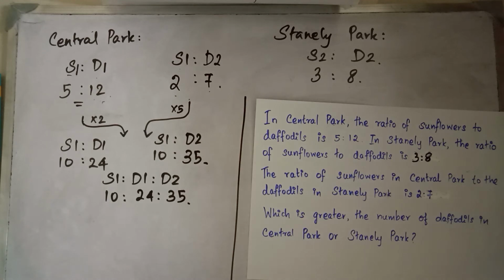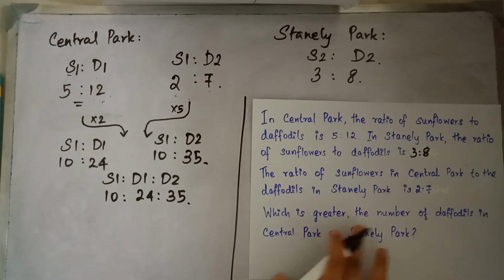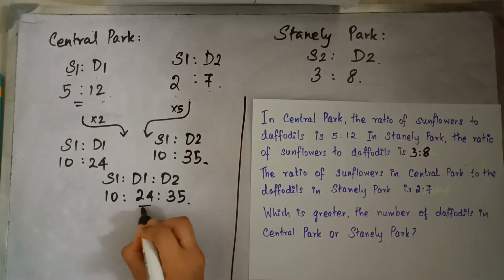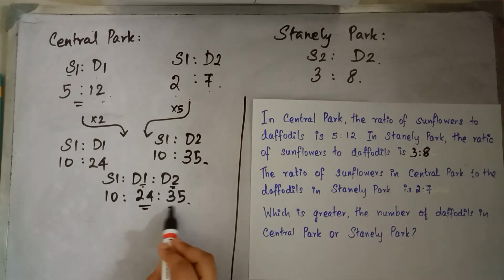Now I have to compare D1 and D2. That is the number of daffodils in Central Park and Stanley Park. I have the number of daffodils in Central Park and the number of daffodils in Stanley Park. I have them in ratio.